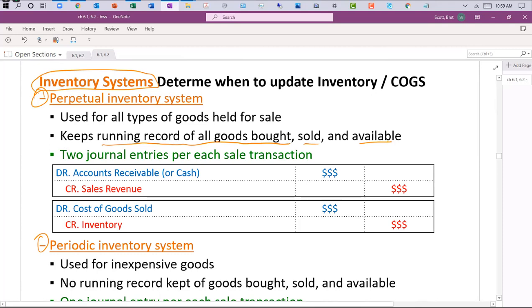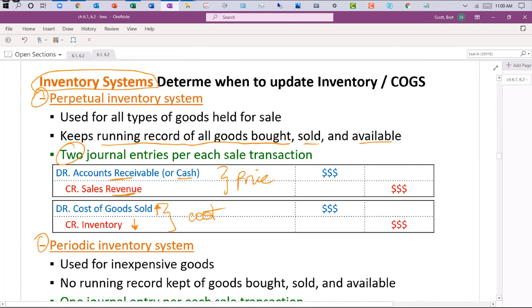So every time we make a sale, we are going to record two journal entries. One is based on the price, that's the revenue, and that's going to go to accounts receivable or cash. The other journal entry is based on the cost, in this case the $1,000 per unit. That's going to reduce the inventory and increase the expense account called cost of goods sold.